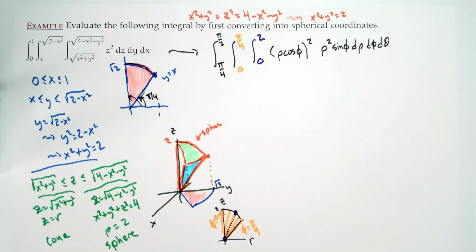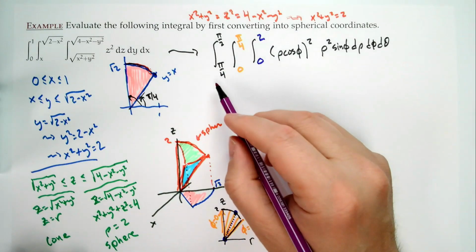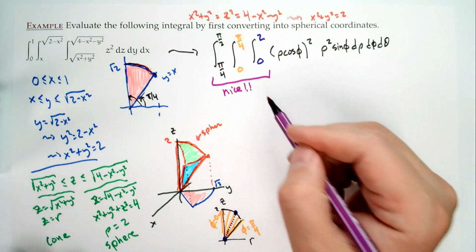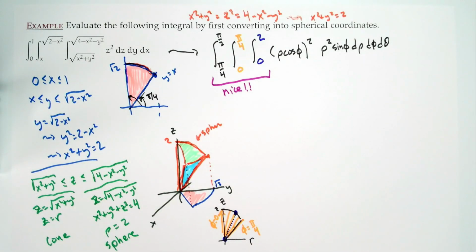And now we say, this is great. It's one of our favorite kinds of integrals because it has the following property. If you look, the bounds are nice. They're all constants, which means we're going to have the ability to pull the integral apart. So let's pull our integral apart and see where that takes us.